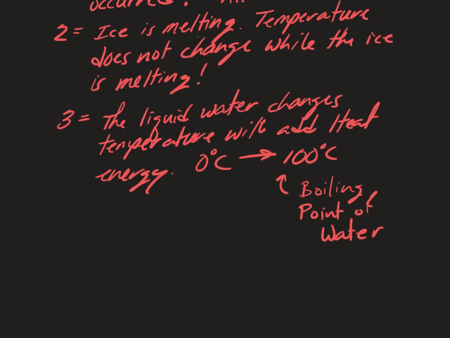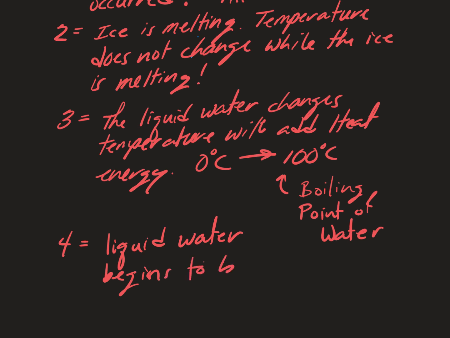But before we go to the next slide, I want to write some of this out, okay? So what happened in part 4, liquid water begins to boil. What boiling means is it's going from liquid to gas.